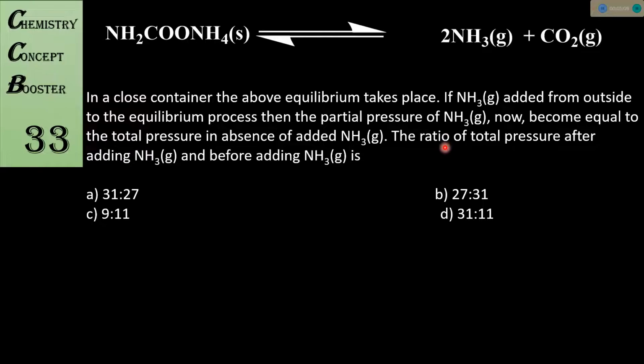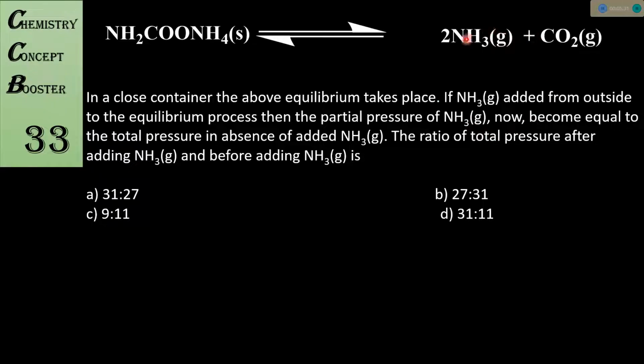I think it seems complex, so let's discuss the answer; then I think it will be clear to all of you. This is the question: the equilibrium reaction takes place in a closed container, and we are adding ammonia gas to this equilibrium mixture from outside.